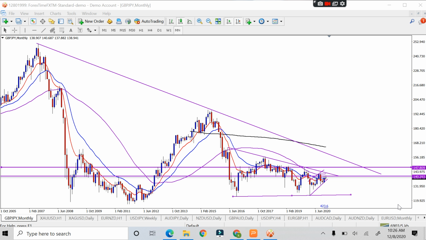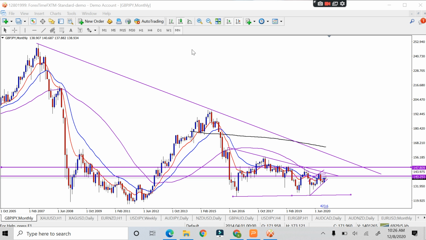Okay, first and foremost, we're going to look at GBP JPY, and as our rules or our procedure, first and foremost, we're going to look at the monthly time frame. On the monthly time frame, you can see that I drew a descending trend line all the way, and I have some support and resistance lines below.